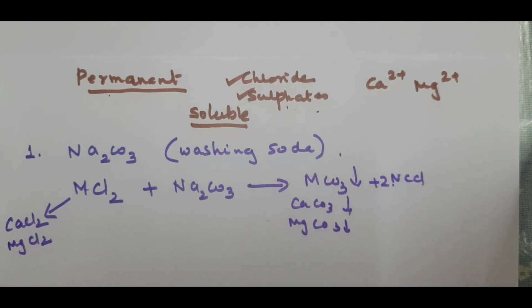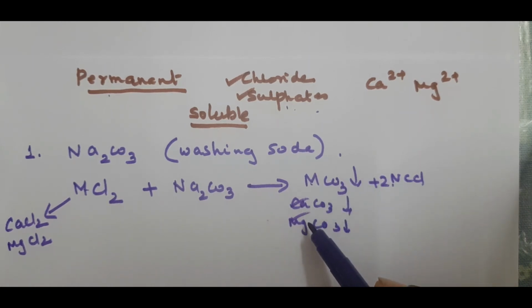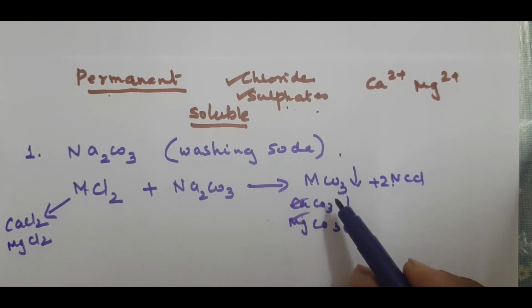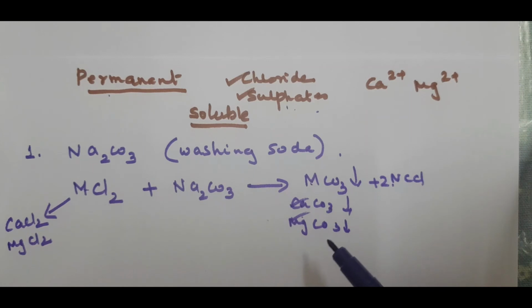See? So we precipitated this calcium and magnesium, which makes the permanent hardness. When it gets precipitated, it can be filtered out and we will get soft water, free from calcium and magnesium, which is used for laundering, etc., or for drinking purposes, etc.